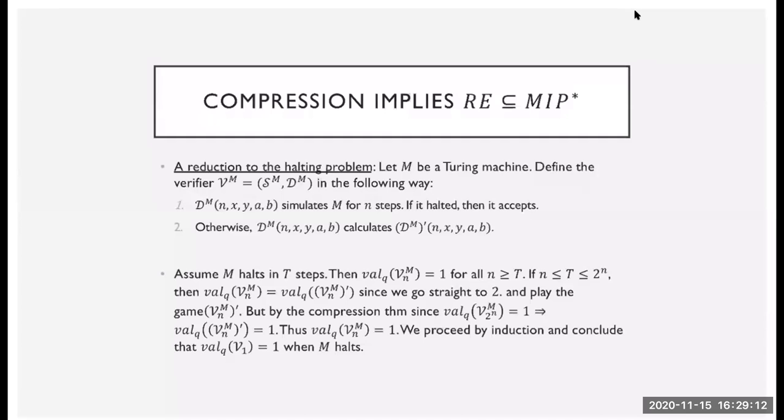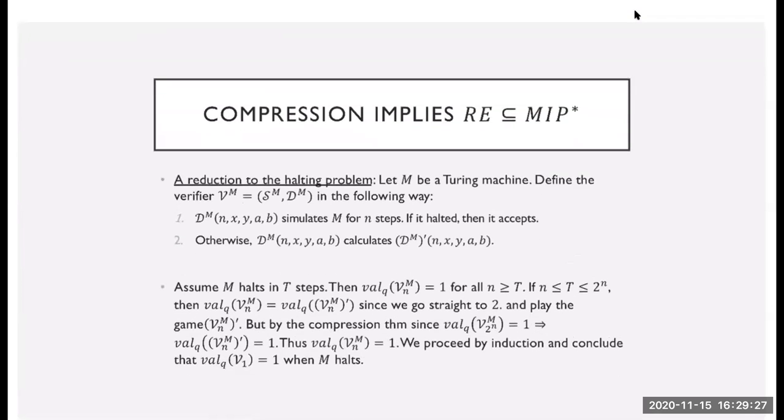We don't need the quantum value, we just need the value. Okay? So this is the easy part. So let me even highlight what I'm talking about right now. Why this doesn't work? Okay, so we talked about this point for all n greater or equal to t.